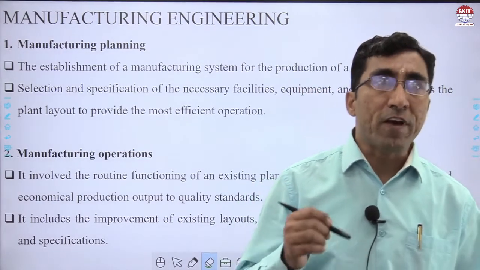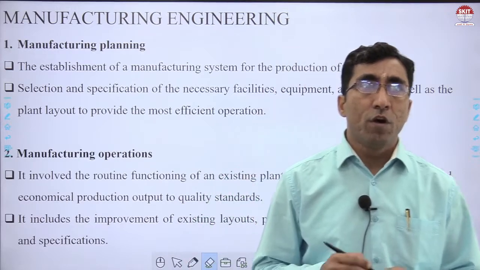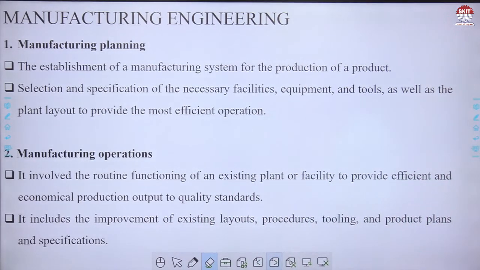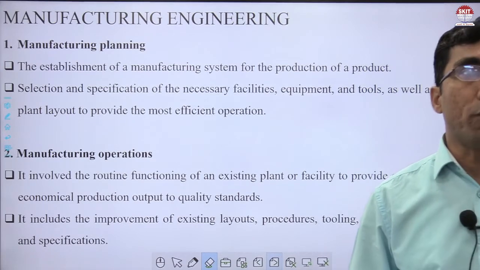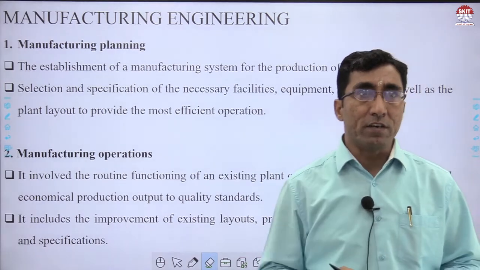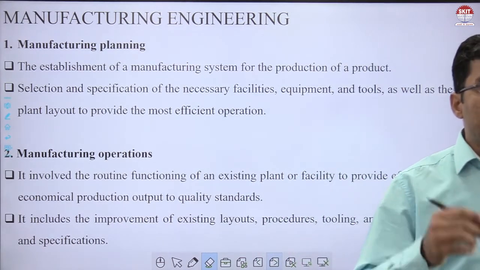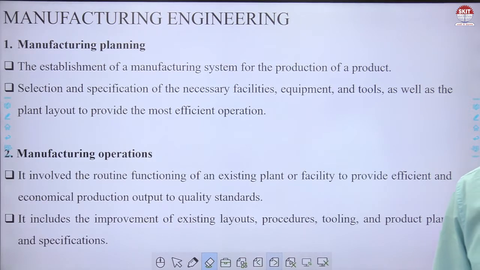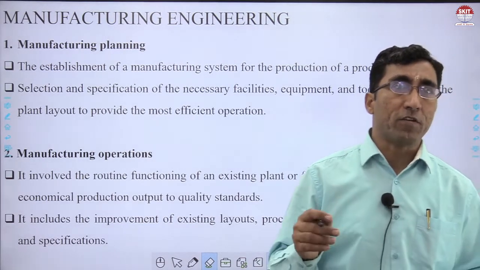Then manufacturing operation involves the routine functioning of the existing plant facility, providing efficient and economical production output with the set quality standard, and it again includes improvement of existing layout, procedure, tools, product plan and the specification of the product.